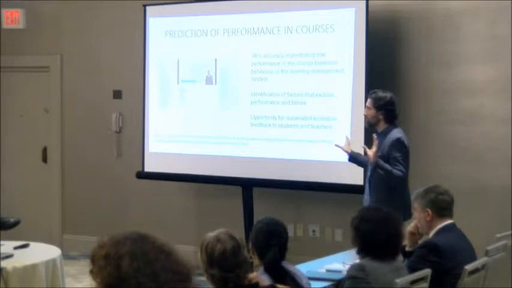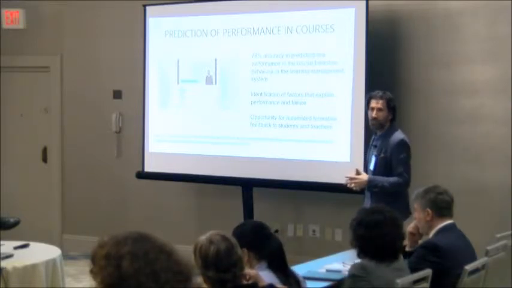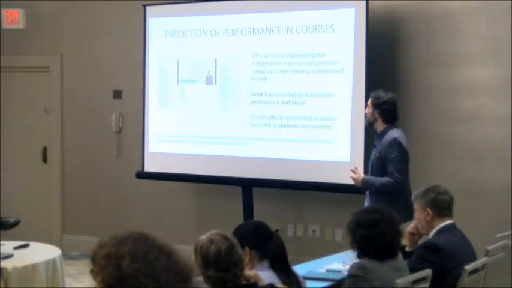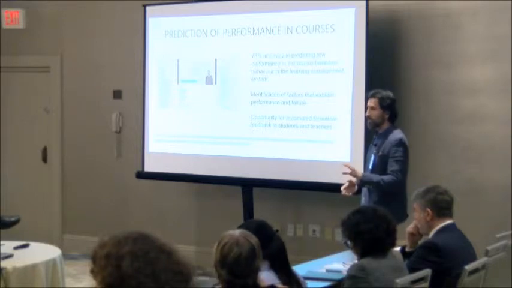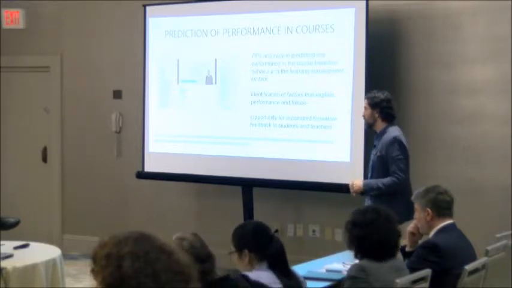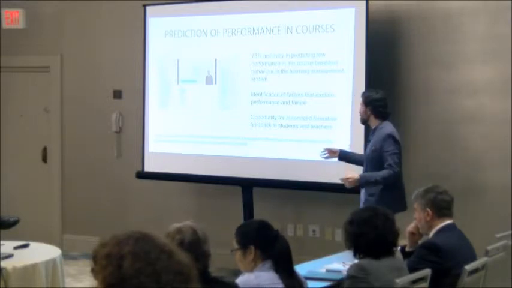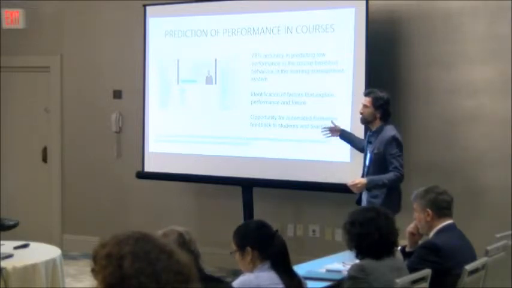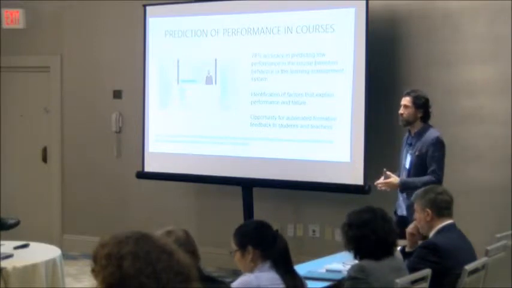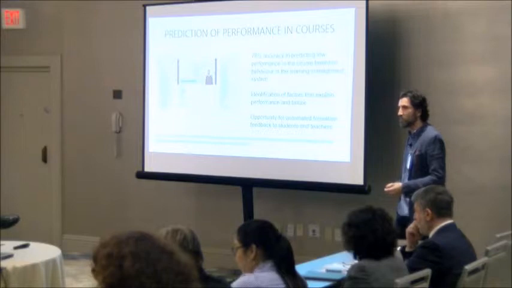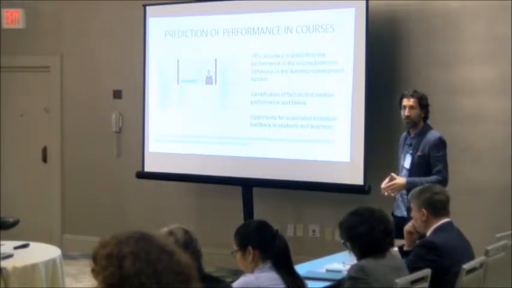We basically collected everything that we could and fed it into machine learning algorithms in order to predict the performance of students, so we could very early on identify students at risk. I don't know the scale of courses here, but for us this was a large course. We had 500 students, and when you have 500 students and a limited number of teachers, of course you can't address all that need help.